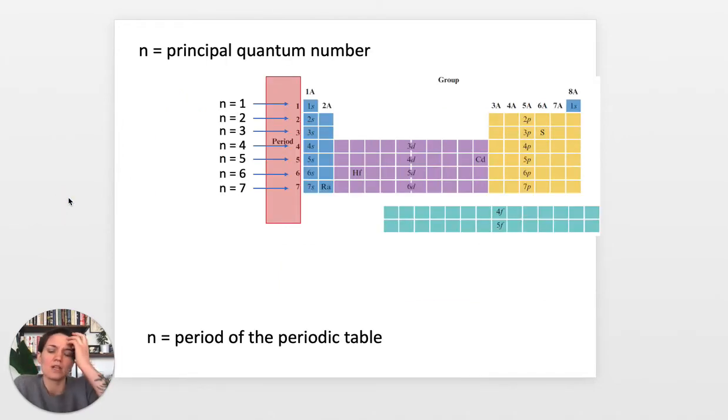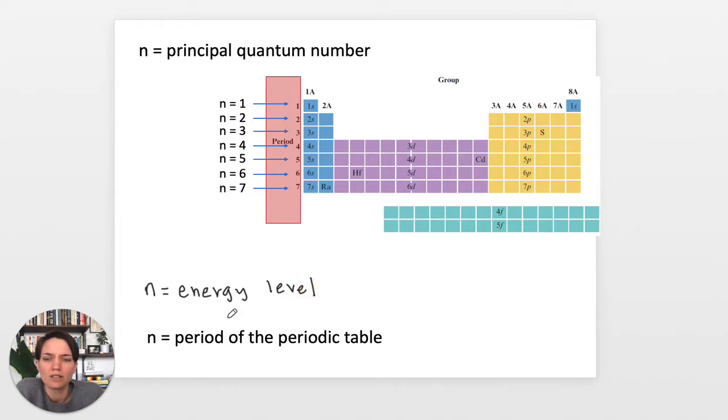Okay, so I'll highlight within this figure with red boxes to kind of draw your attention to what we're focusing on here. So n is the principal quantum number, and n is going to be equal to the period of the periodic table. And you can think about n also as being like the energy level.